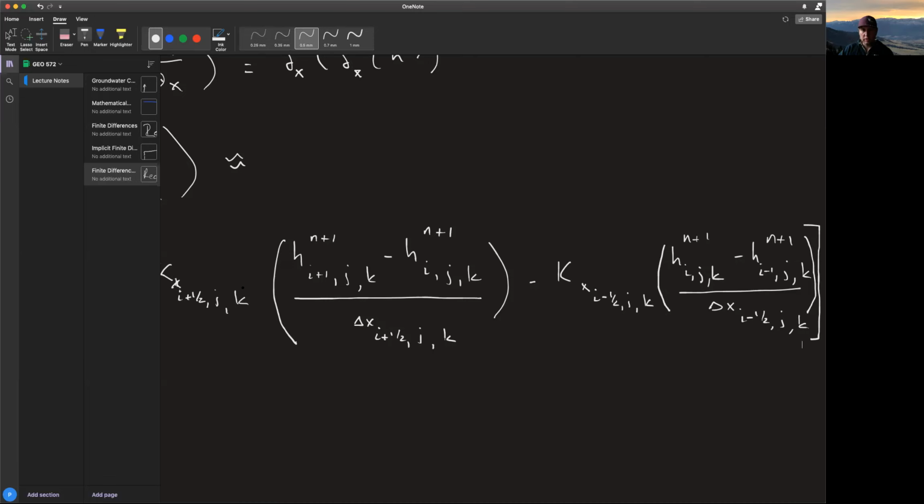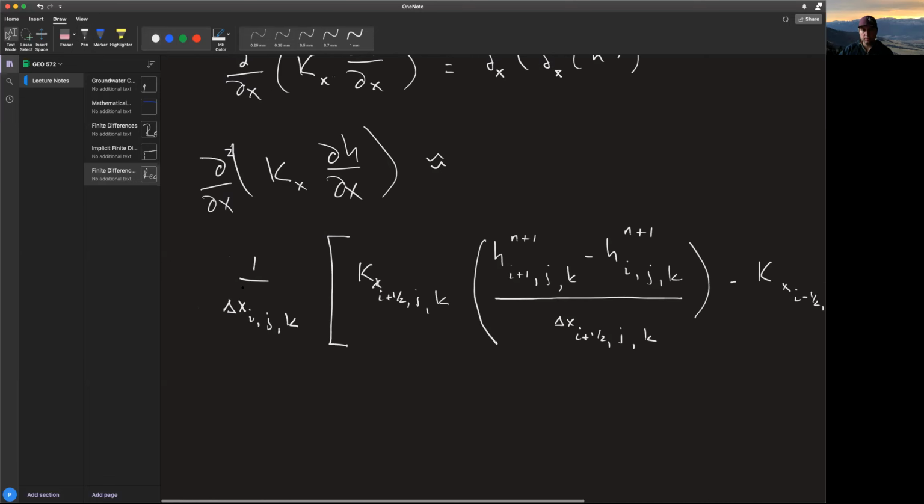All right, so this is this first term. I should erase this squared here. Doesn't make any sense, sorry. d/dx of k sub x dh/dx. So we have the first, the upstream one, minus the downstream one. And then we take d/dx of h of x, that's these parentheses here. So we have the upstream minus the present.